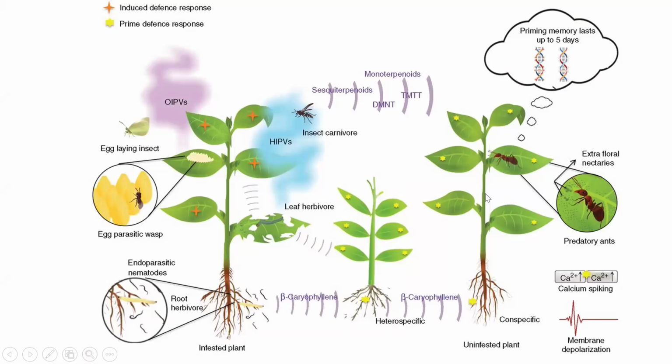And other plants that are not yet attacked will perceive the threat through those volatiles, and they'll turn on their self-defense mechanisms. And the volatiles will actually change the DNA in these plants, and that change can last for up to 5 days. So plants are talking to each other, and these plants are perceiving this stress without actually being stressed.